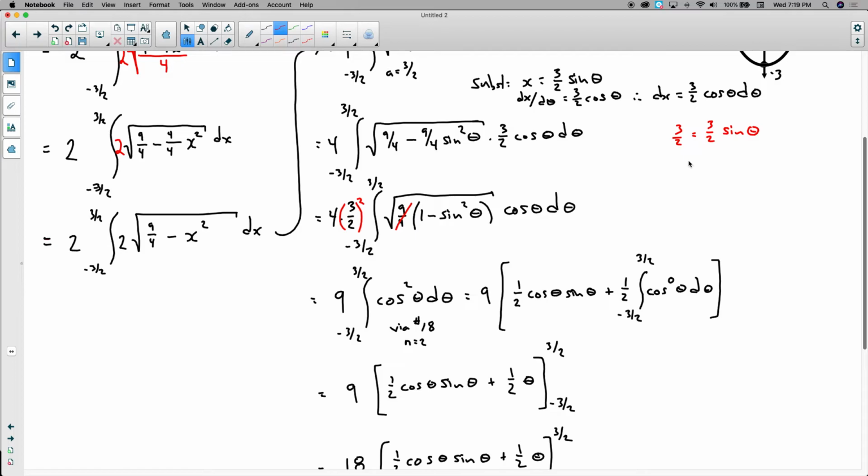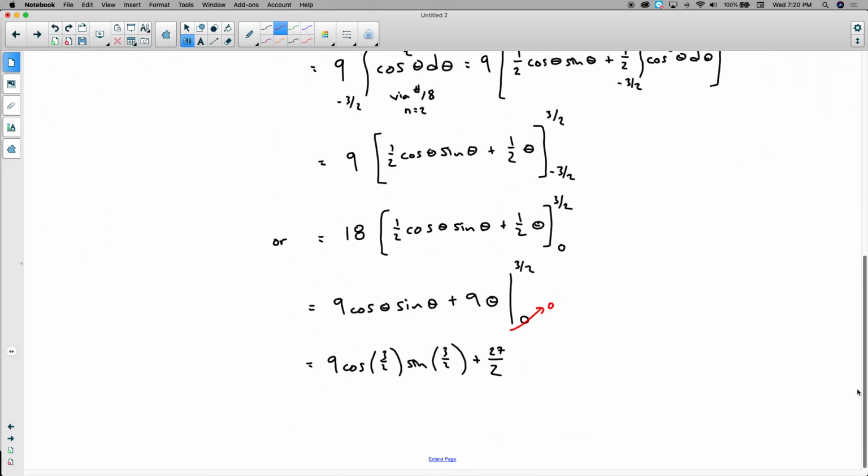So then that is going to be 1, the sine theta, and the value for which sine theta is 1 is pi over 2. You can draw the sine wave or otherwise. And then the other one, the lower limit, is 0. We decided to use that one in the end. And then we need to know when sine theta is equal to 0, and that's when theta equals 0.